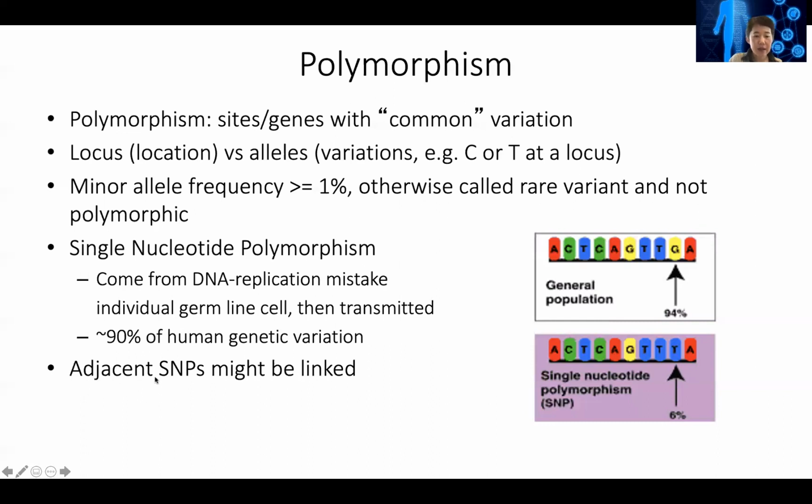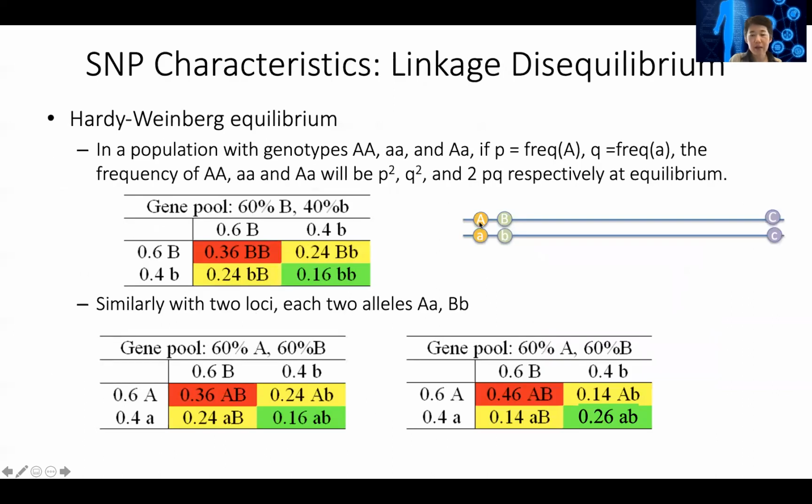And sometimes adjacent SNPs can be linked. For example, at one locus, I have two alleles, say C and G. In another locus nearby, I also have two alleles, say G and T. And in a third locus, I have another two alleles, say A and G. If you look at many people in different populations, you might notice that whenever you have a C in this position, these two are usually together, and these alleles appear together more often than expected.